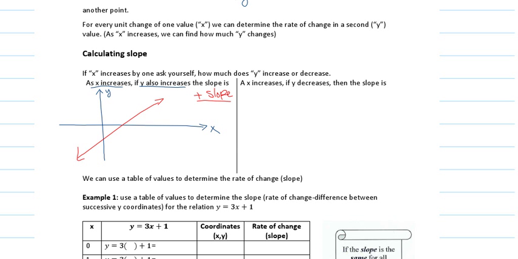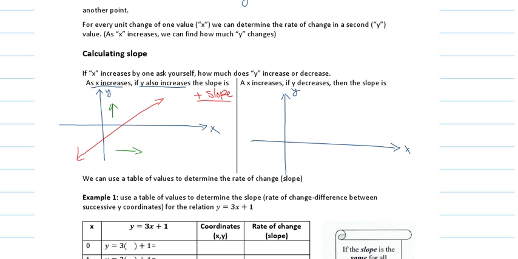So let's look at it this way. In this case, x is increasing, and y is increasing, right? Both x and y are increasing. As x increases, if y decreases, then the slope is negative.